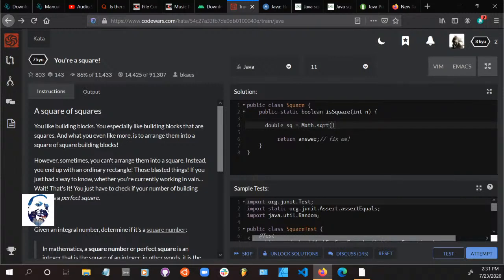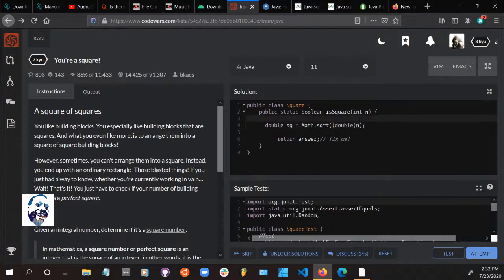I think I could do it like this. Double, and then just put n. I think what that does is convert that.